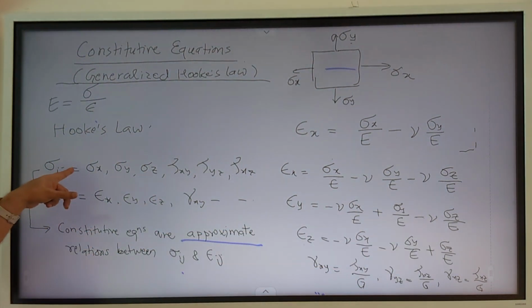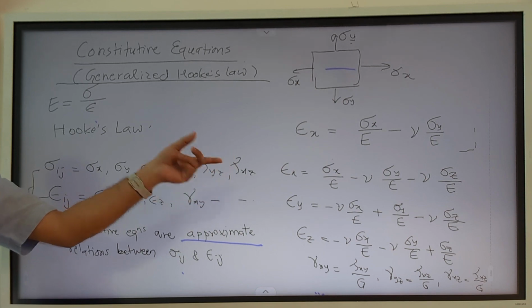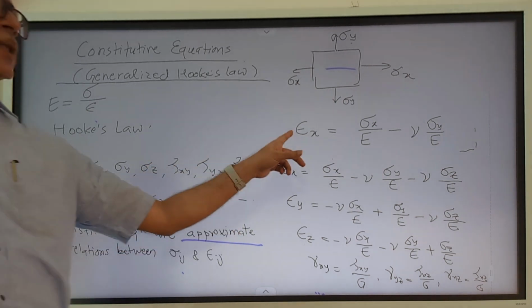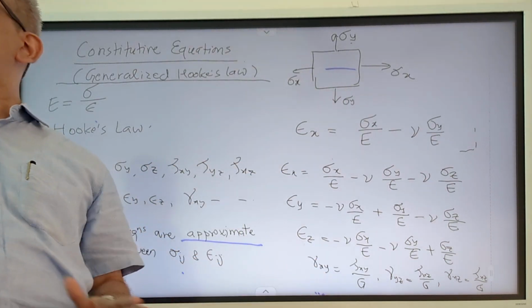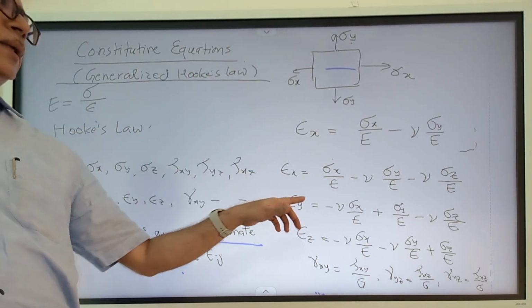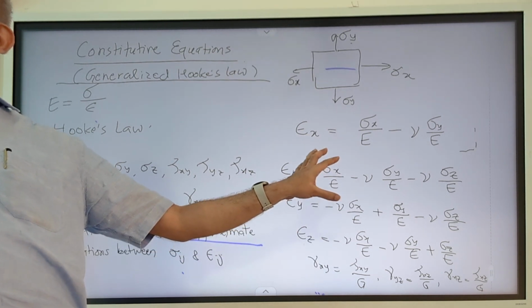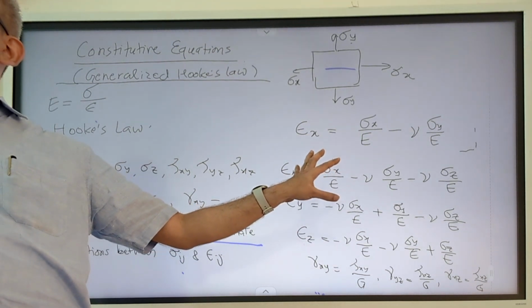That is what we wanted: to relate all the strains to all the stresses or vice versa. This particular set of equations is the set of constitutive equations for a linear elastic material.